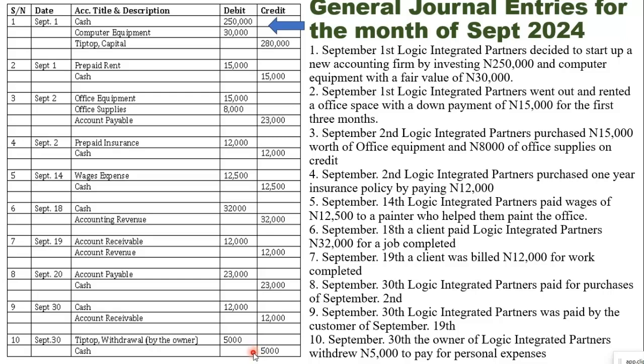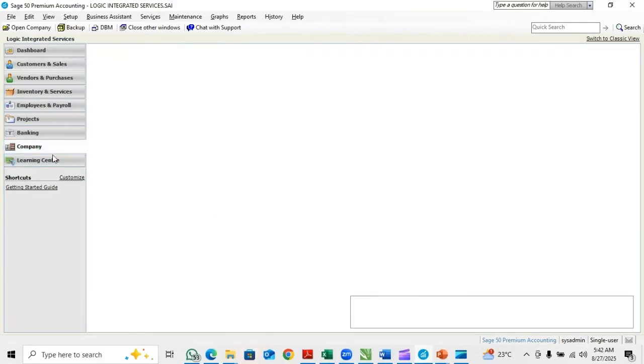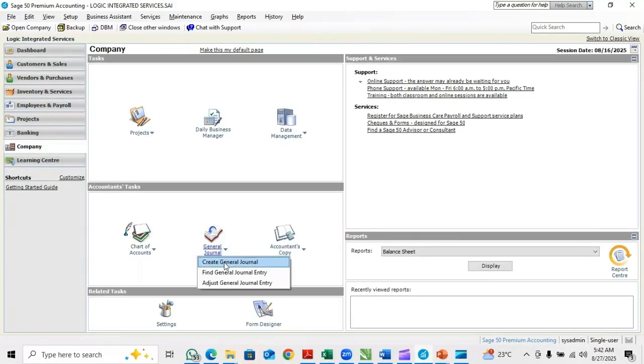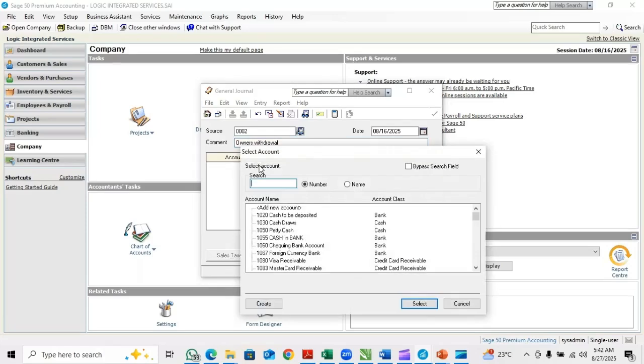So we are going to use the company tab here and run a general journal from here. So we can see 0002 owners withdrawal. We can say owners withdrawal.